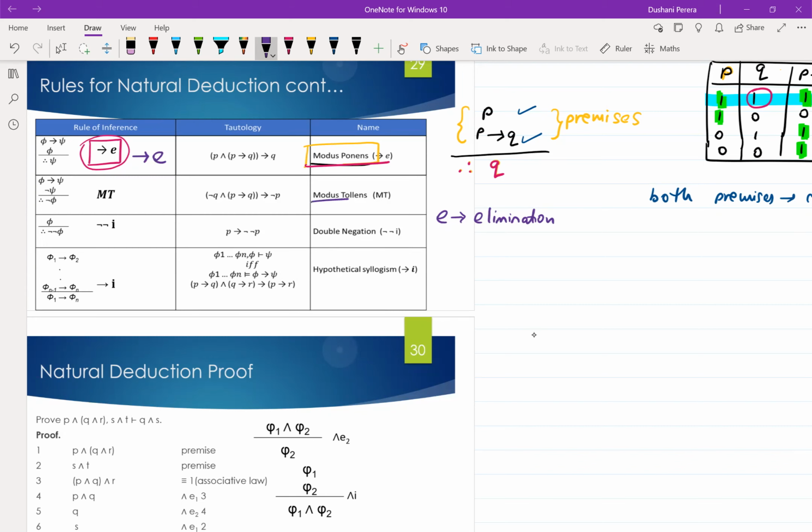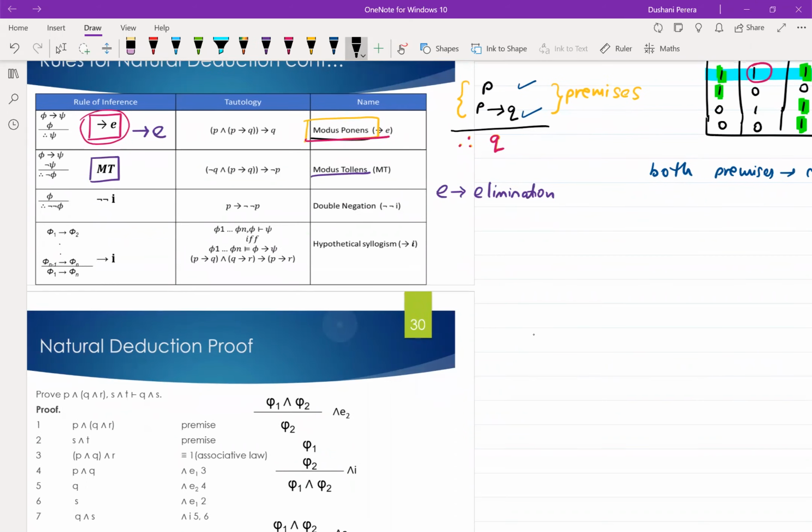Coming to Modus Tollens, Modus Tollens doesn't have a notation like that. So what we use is MT. Let's do an example also and see. So what does Modus Tollens say?